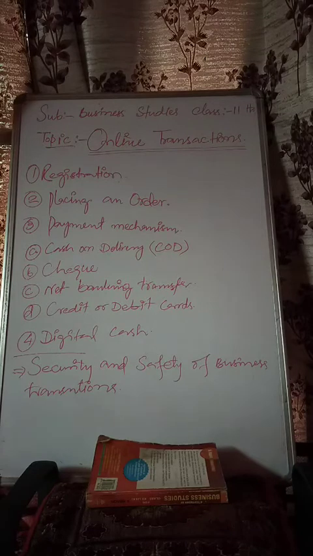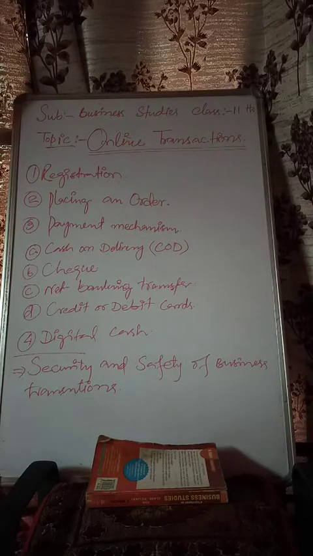Third one, that is payment mechanism. The payment for the products bought through online shopping can be made in any of these ways. There are many ways in which payment can be made.